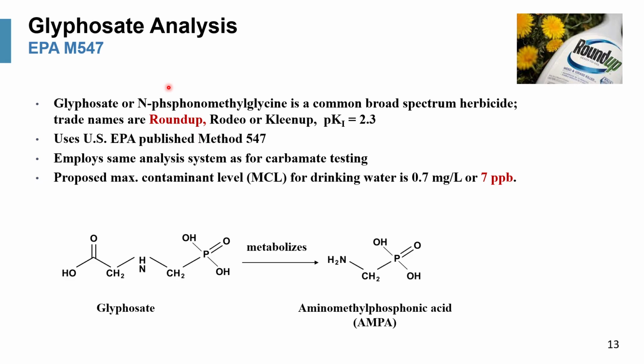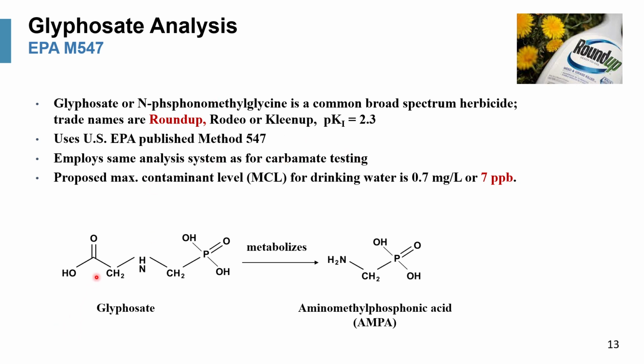Roundup is still around because the trade name is so well accepted, except that if you buy some Roundup from Home Depot, it's not going to be the actual glyphosate.